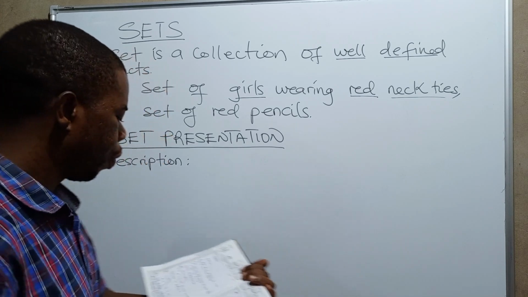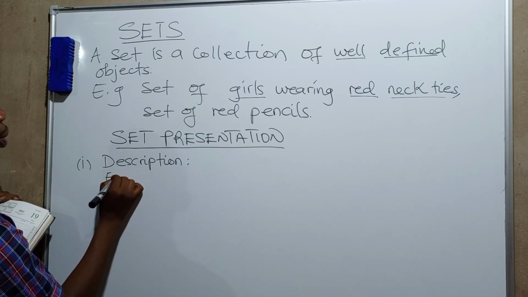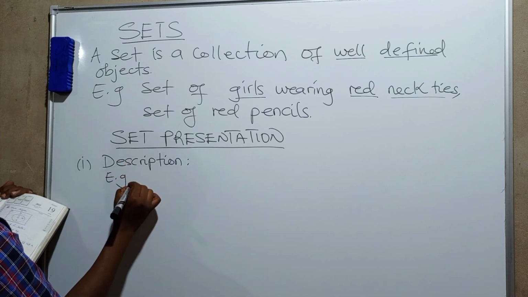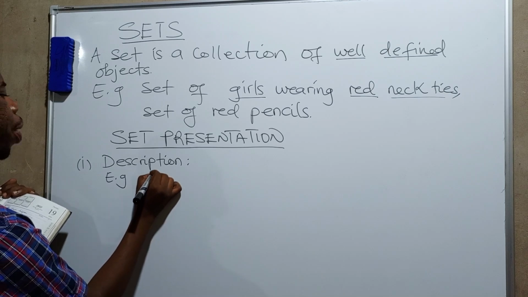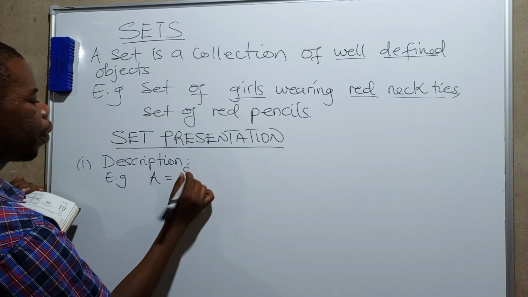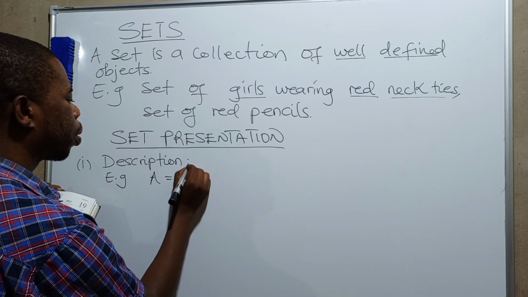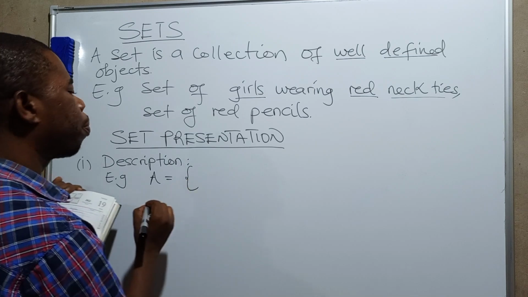We can say, for example, we have set A, which we can write like this, with curved brackets.